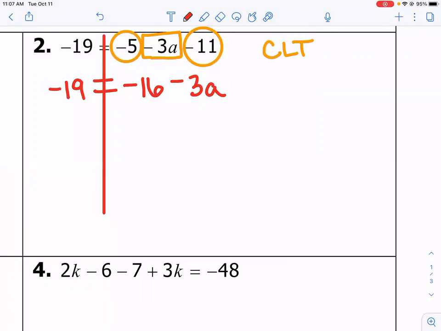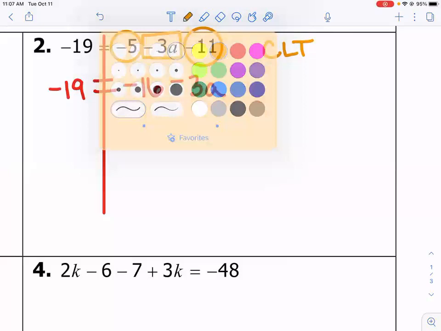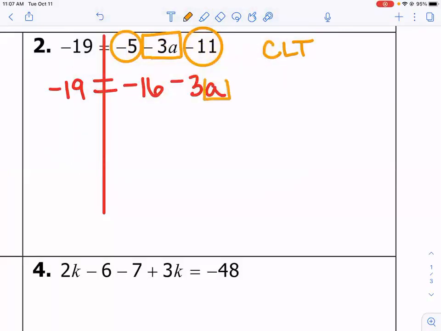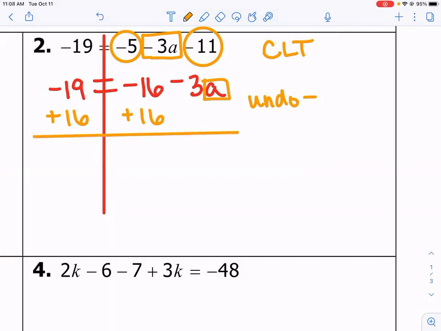Okay, Eriselyn, what would our next step be then if we want to solve for A? I love it. We need to undo that subtraction by adding 16 to both sides. Okay. I want you to always make sure you're undoing the operation.